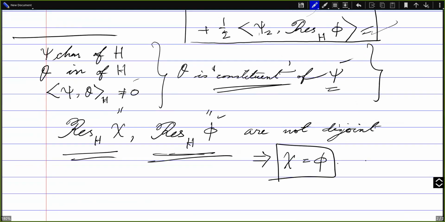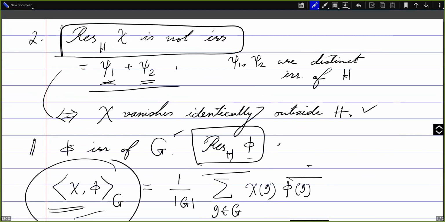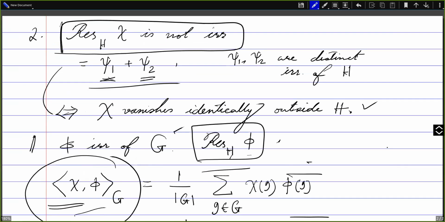Okay. So sorry, the condition that this is equal to the restriction of chi to H does not make any sense to what we are doing. So let me again repeat for your convenience that we started with an irreducible character of G whose restriction is not irreducible, hence the sum of two irreducible characters.